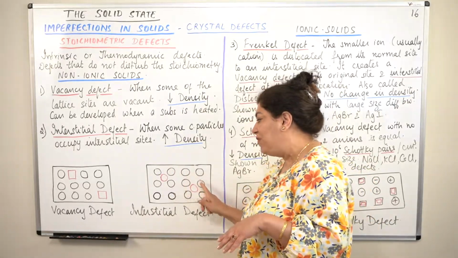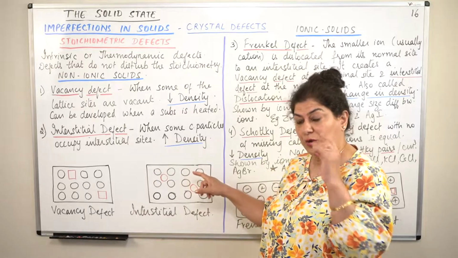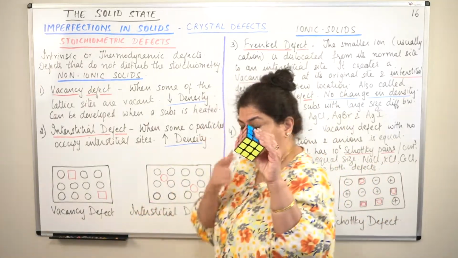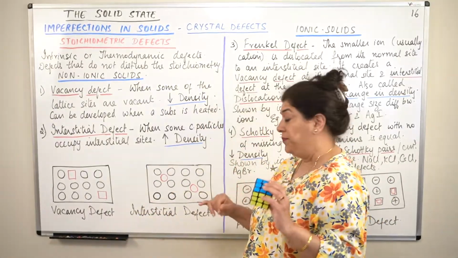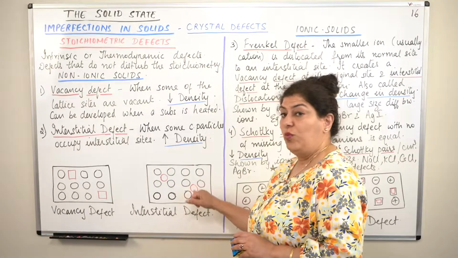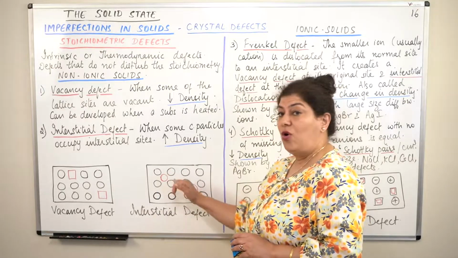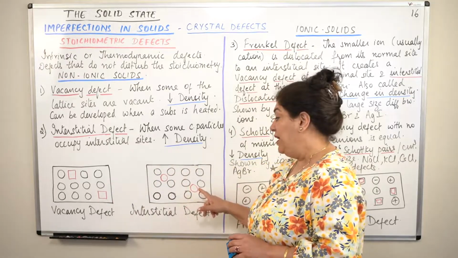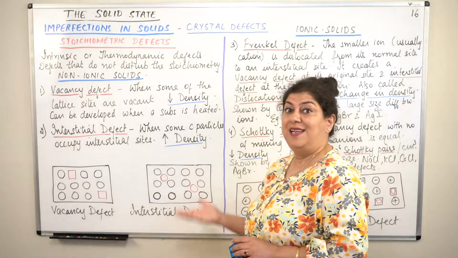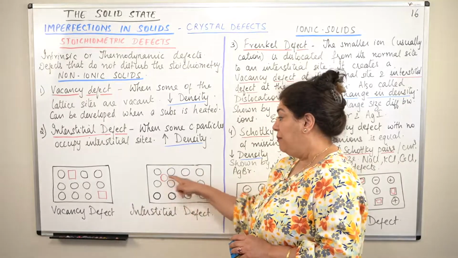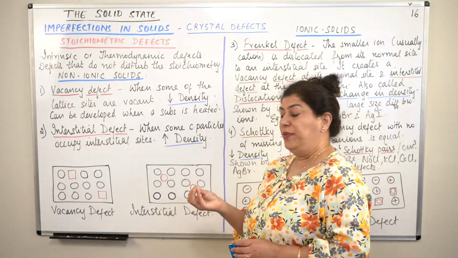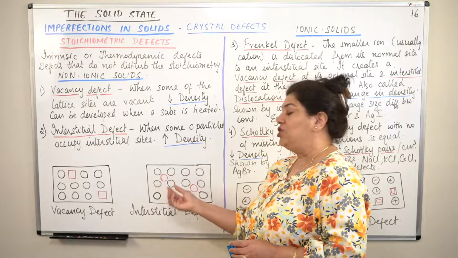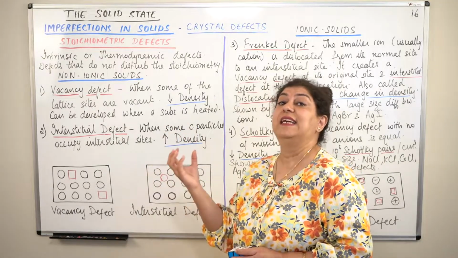So there should have been 12 balls in this volume, or imagine 12 cubes in this cube, but there are 2 additional ones. So the mass of this solid, if it was the same volume, is more. The volume remains the same, but 2 additional component particles are causing an increase in mass.